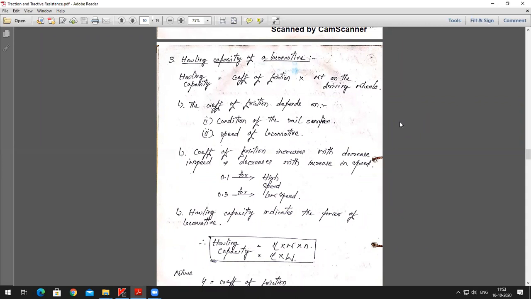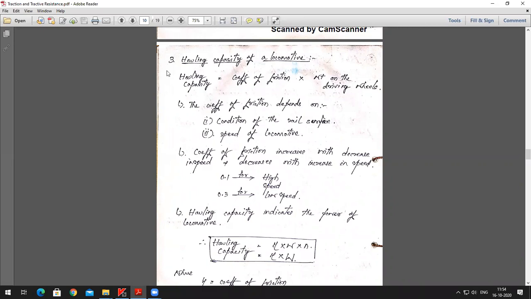Generally, hauling capacity is defined as the product of coefficient of friction and the weight on the driving wheels. So if you multiply the coefficient of friction that is acting between the wheels and the metallic rails, with the weight acting on the driving wheels or the propelling wheels, you will get the hauling capacity.